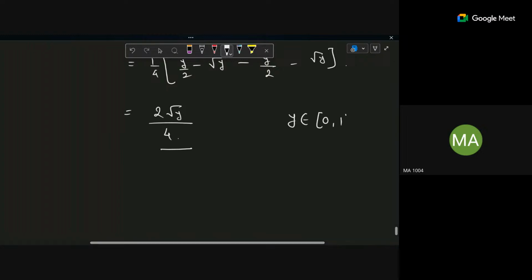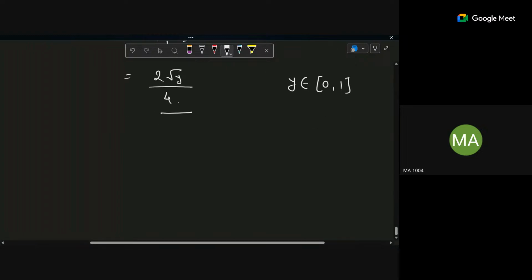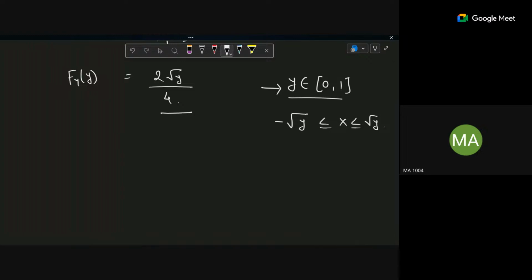Now can you just tell me why I took integration from minus square root y to plus square root y? Anyone can give the valid reason for it? Because my task is to calculate for y ranging between 0 to 1. So I have to calculate the CDF for all the x's whenever y can take values 0 to 1.